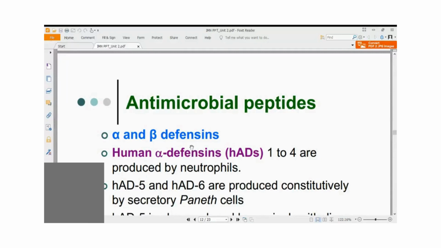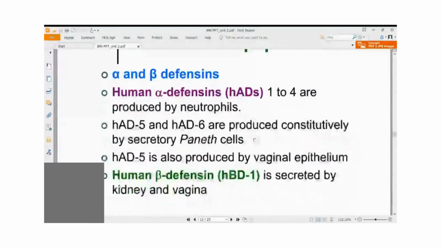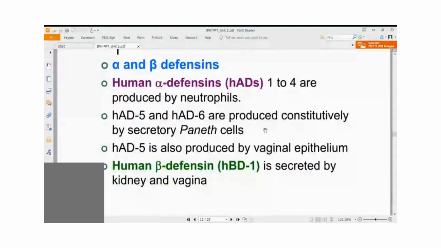Now, human alpha defensins are of 6 types, and in short form they are called small h, capital A, capital D, S, human alpha defensins. Human alpha defensins 1 to 4 are produced by the neutrophils, whereas human alpha defensin 5 and 6 are produced by the epithelial surface.